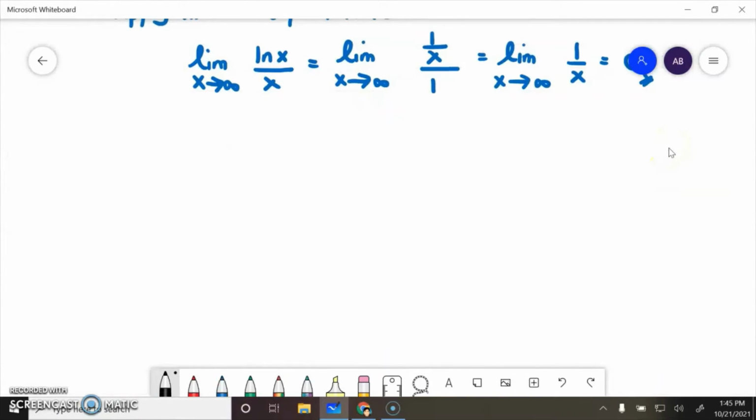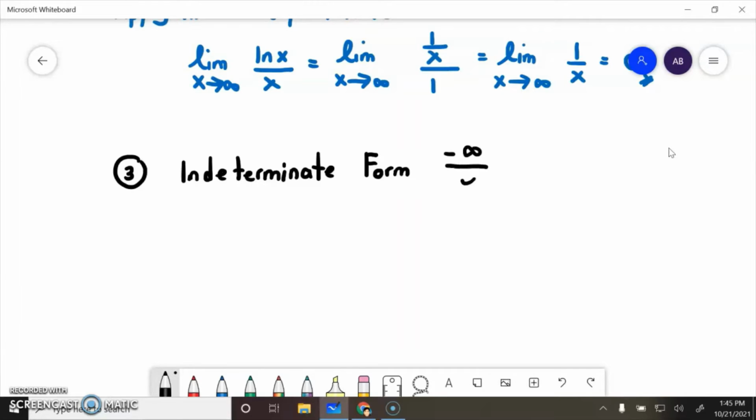Now example number 3 is another indeterminate form, in the form of infinity or negative infinity over infinity. Let's look at this example: limit x approaches negative infinity of x squared over e to the negative x.